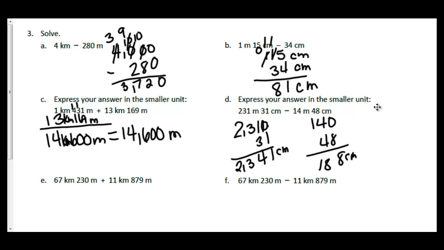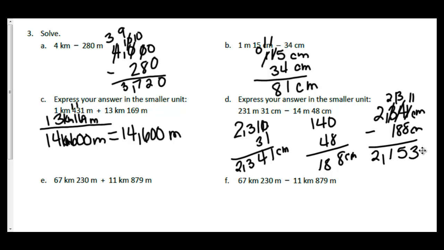Okay, so now I can subtract 2,341 centimeters minus 188 centimeters. Okay, so I'm not ready to subtract here, so I'm going to decompose. Not ready to subtract in the 10, so I'm going to decompose. 3, 5, 2. So that's 2,103 centimeters. Whew, a lot of work. All right, let's go to E.